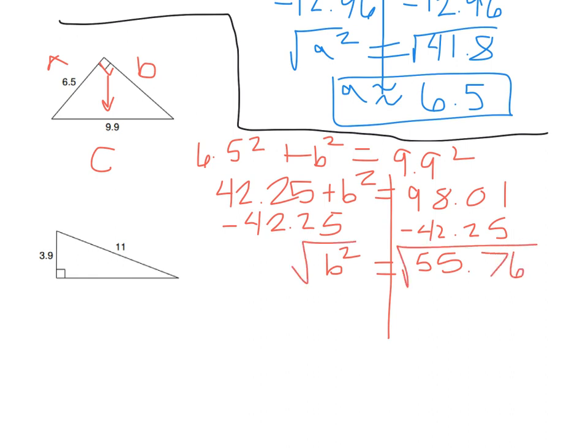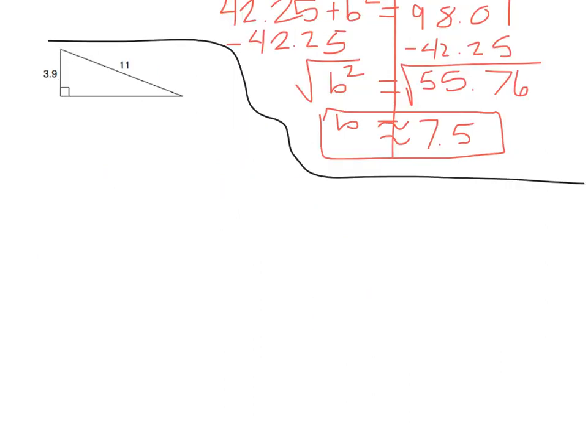Square root both sides, and B is about, again, we're rounding so we can say about instead of equal to, 7.5. So we found the missing leg length. Last one, this is 90, which means this here is C. The other two sides are A and B.